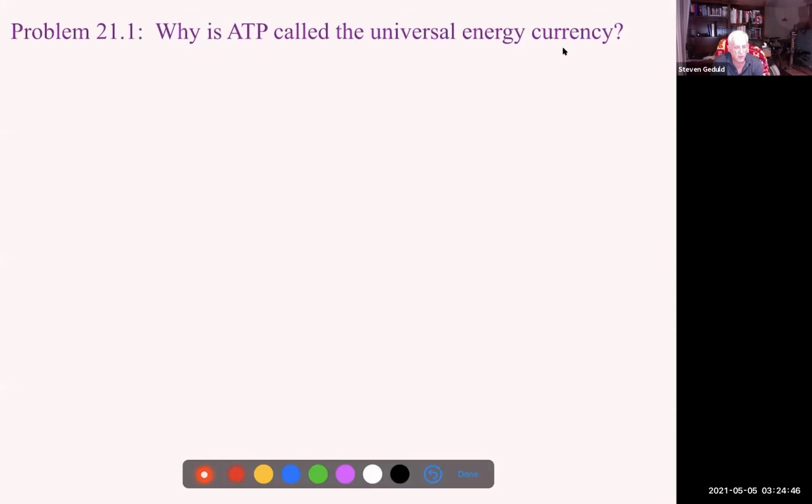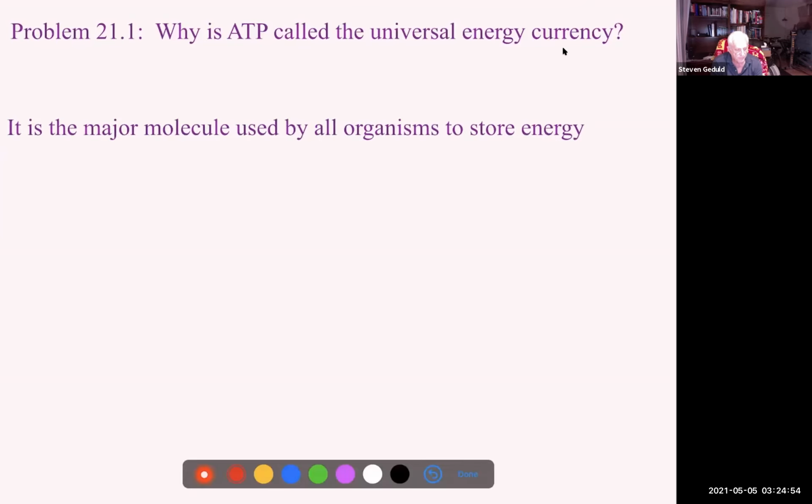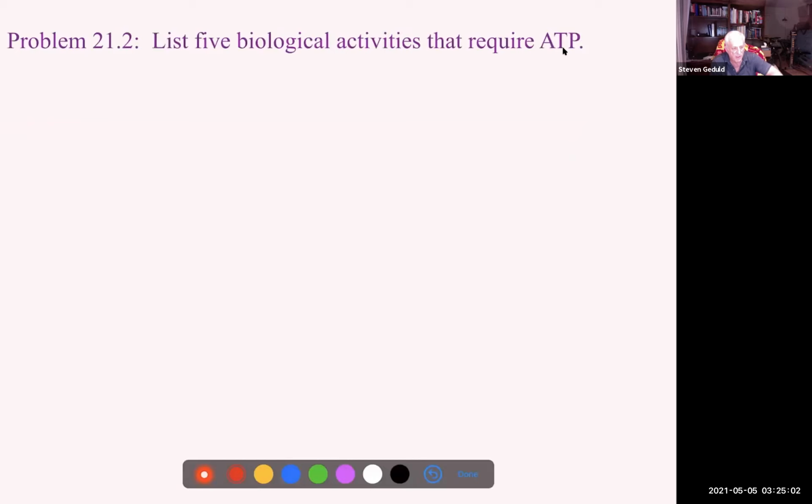So why is ATP called the universal energy currency? Because we use it for energy storage. It's the major molecule used by all organisms to store energy, not just humans. List 5 biological activities that require ATP.